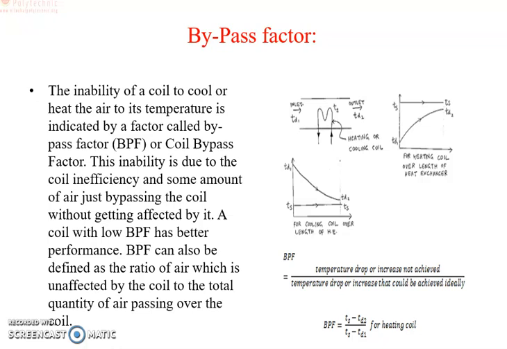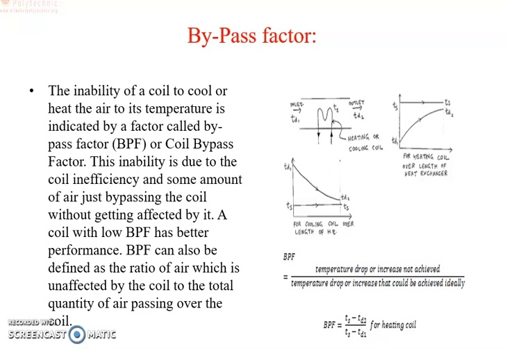Another way to define it: the inability of the coil to cool or heat the air to its temperature is indicated by the bypass factor. And this inability is due to the coil inefficiency and some amount of air just bypassing the coil without getting affected by it.